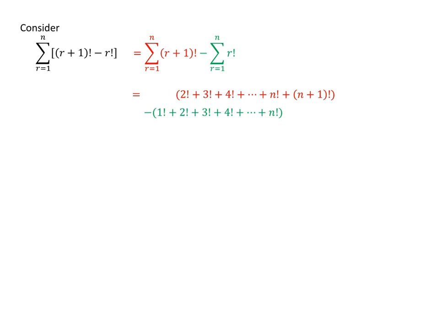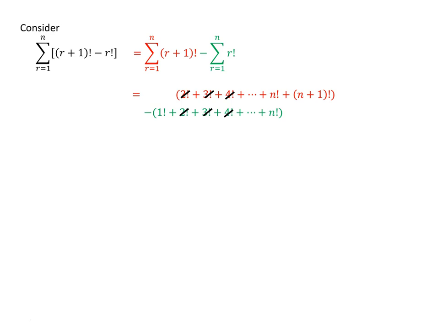Now if we look carefully, we can see that lots and lots of the terms are going to cancel there. The 2 factorial at the beginning of the first bracket is going to cancel with the 2 factorial, which is the second term in the second bracket. Similarly, the 3 factorial in the first bracket will cancel with the 3 factorial in the second bracket. The 4 factorial and the 4 factorial will cancel.